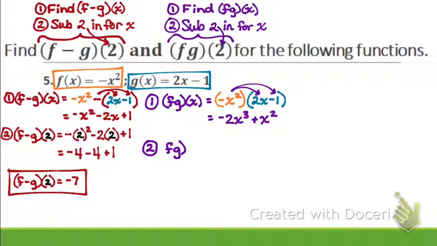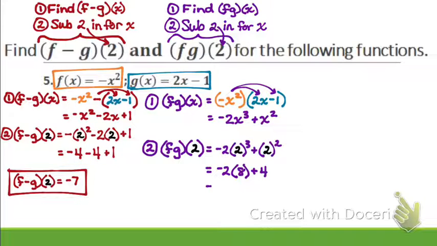And now I can substitute 2 in the place of x. So I have negative 2 times 8 plus 4. So negative 16 plus 4, which simplifies to be negative 12.